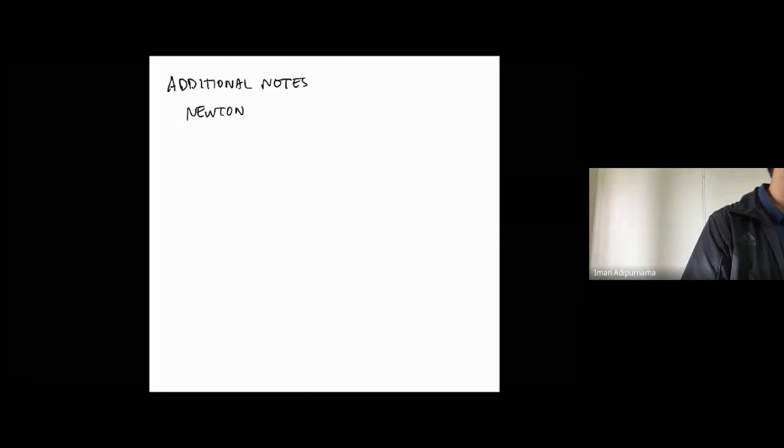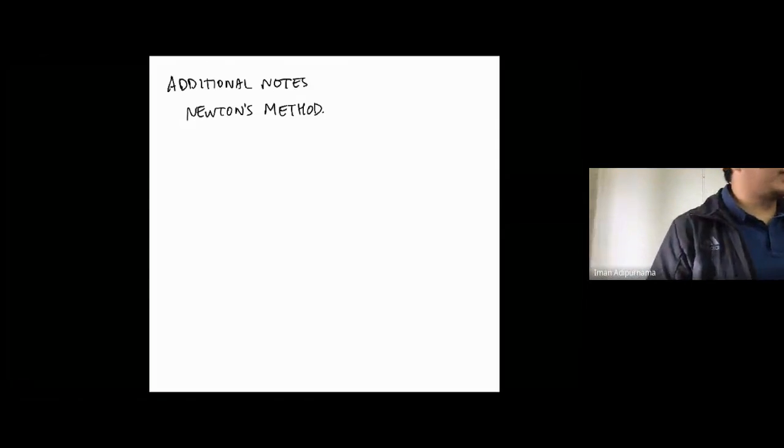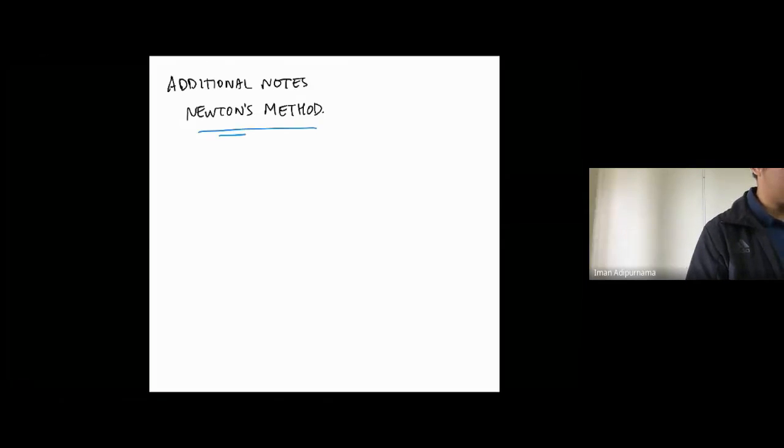Okay, let me go back to some notes. Additional notes for Newton's method, because from here, I will relate to linear approximation and I will relate to integrations, to make it easier. What's the deal with Newton's method?